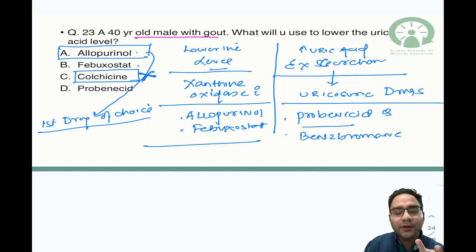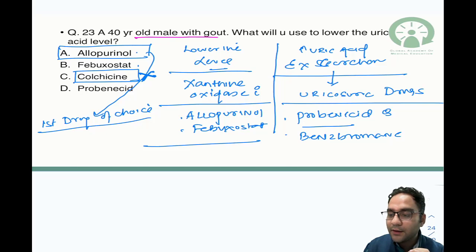So the confusion would arise between allopurinol and febuxostat, right? It is clearly given in Harrison that the first drug of choice is always allopurinol. And febuxostat we use in patients who have chronic kidney impairment or who have certain HLA polymorphism like B*5801, which predisposes allopurinol patients to Stevens-Johnson syndrome.